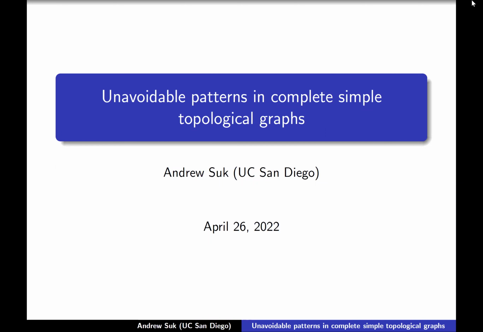Today we have Andrew Suk, who is an associate professor at the University of California at San Diego. Andrew is well known for his work and beautiful results in discrete geometry, Ramsey theory, extremal combinatorics, and some other fields.